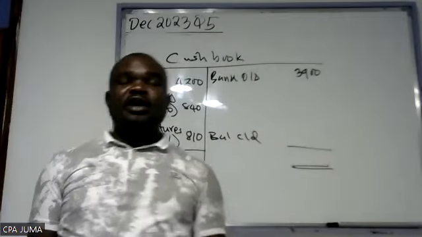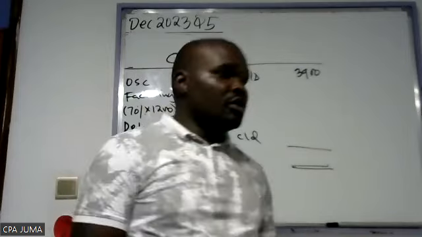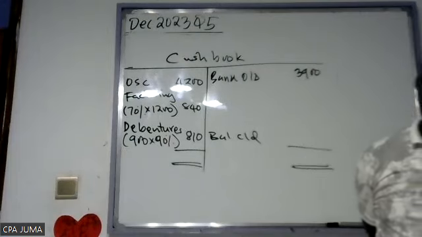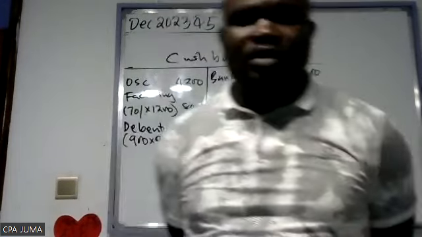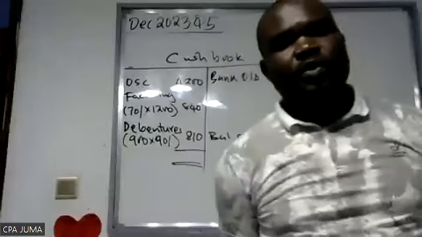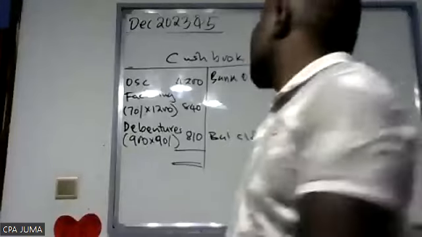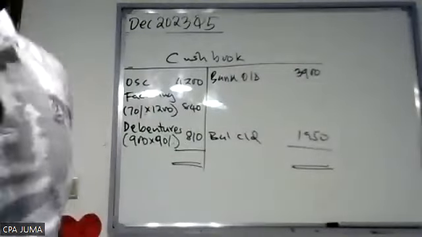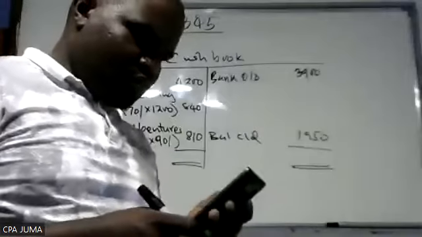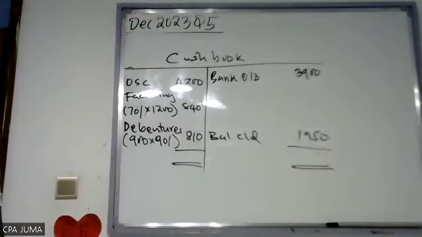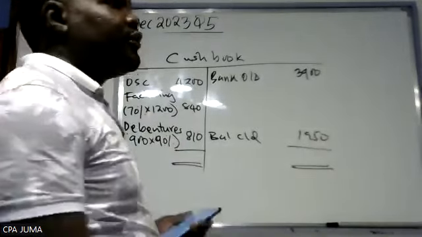Presentation cannot take us more than 10 minutes maximum, so we'll be done before 8 to allow you to prepare for tomorrow. How much is that? $19.50. A limited revised statement of financial position.